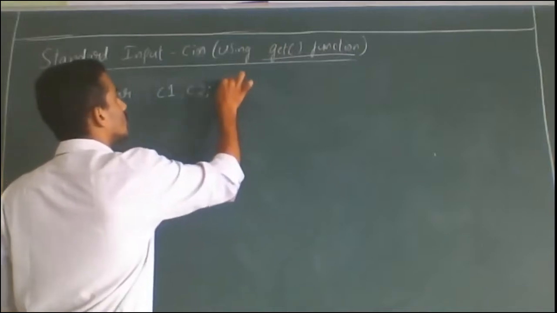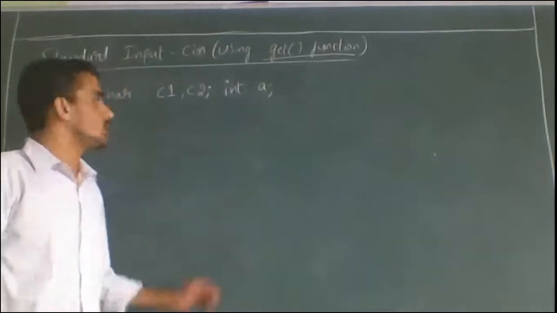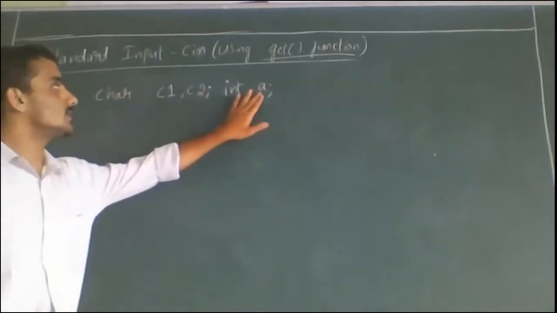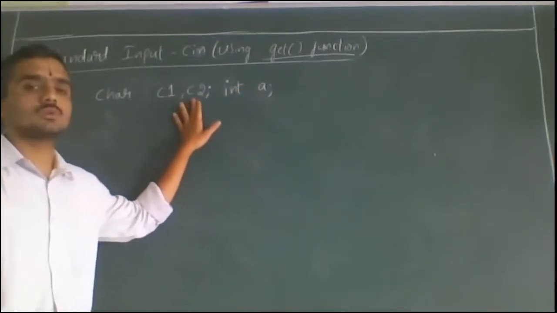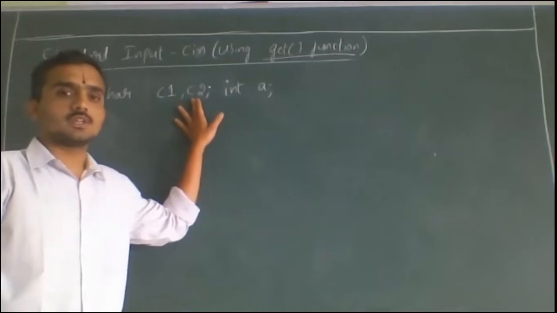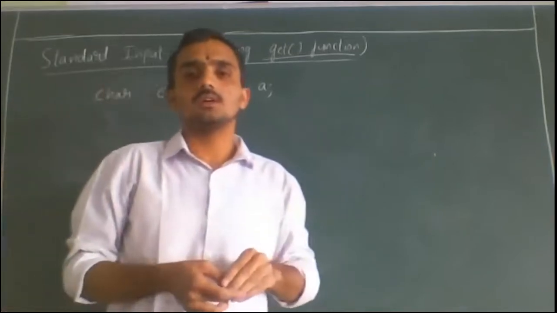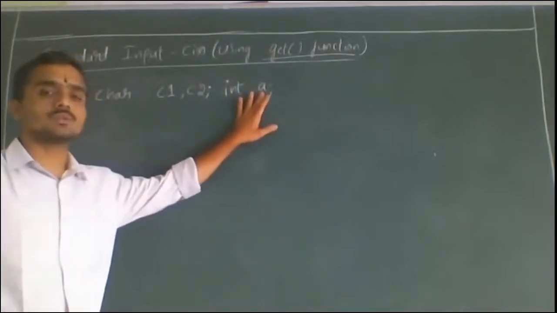Then we take one more variable, say A, of type integer. So C1 and C2 are variables of type character, and A is a variable of type integer. That means in C1 and C2 you have to store character values. A character means you can store either a digit or a symbol or capital letters or small letters. Whereas in variable A you should store an integer value.